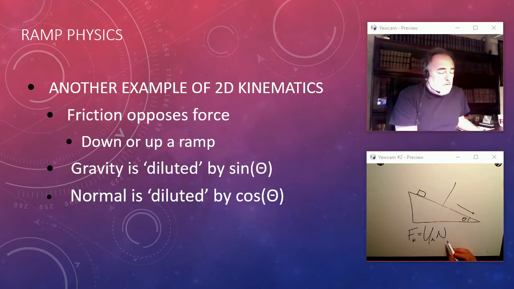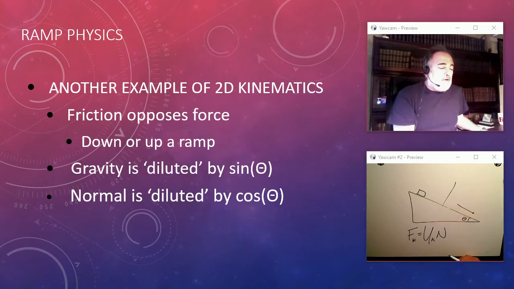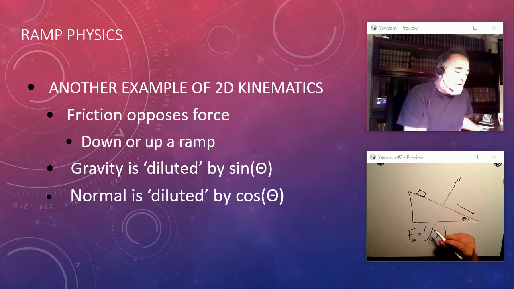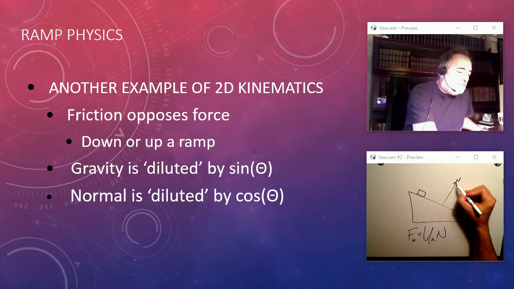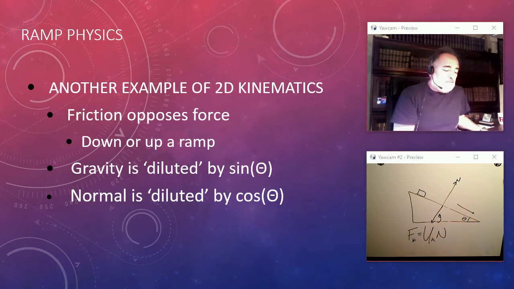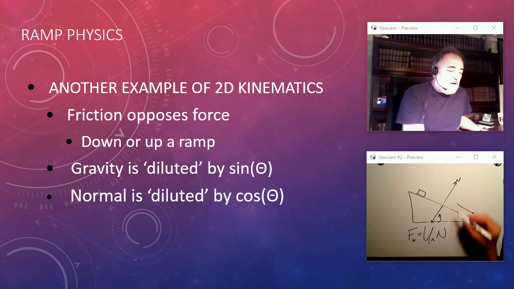Now the normal, if I was on a flat surface, would be simply just opposing gravity. But that normal opposing gravity pulling down is diluted by the cosine of the angle.